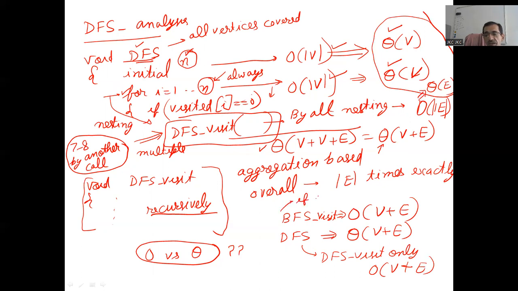Similarly, if a BFS function existed similar to DFS, that would lead to an overall complexity of theta of V plus E. So you can now easily understand how O versus theta differ.